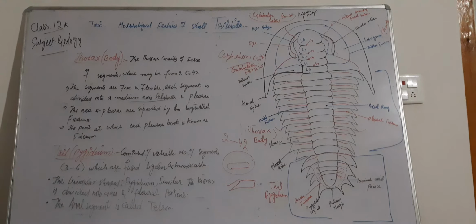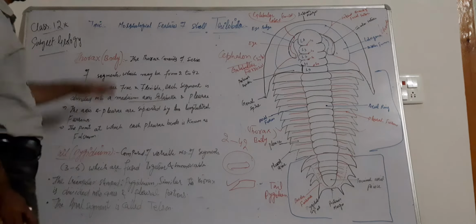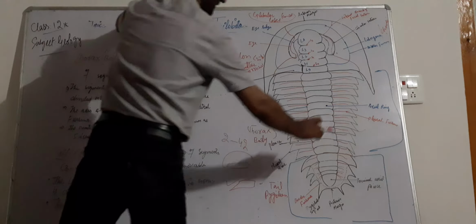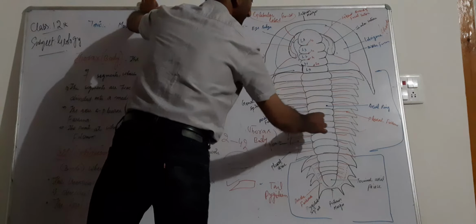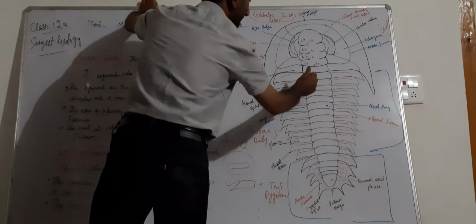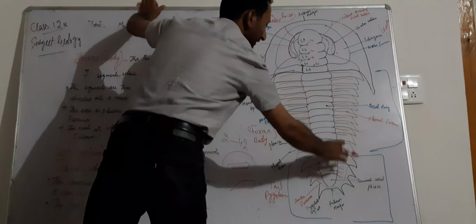The next point is that the axis and pleura are separated by 2 longitudinal furrows. These pleura are separated by these 2 longitudinal furrows.